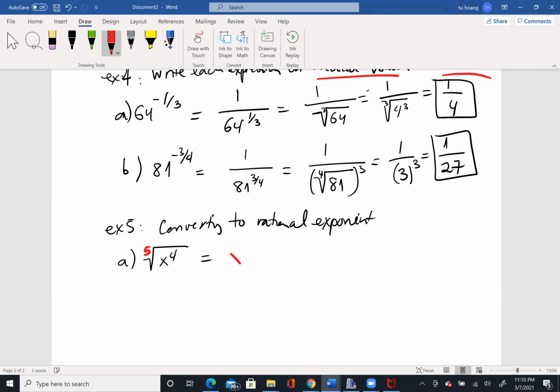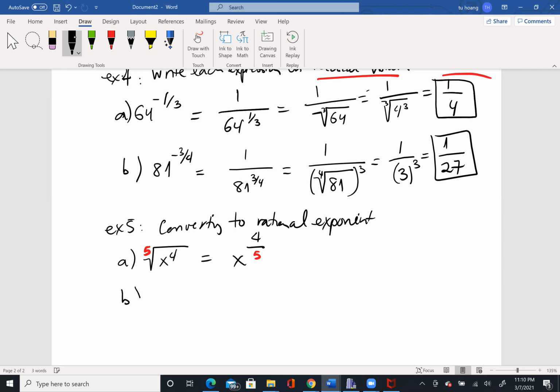So write out x, and the power: the bottom is the index 5, the top is 4. Okay, so that's it.